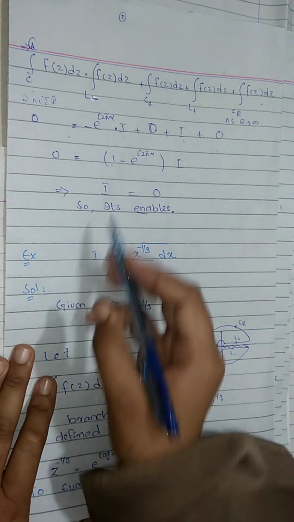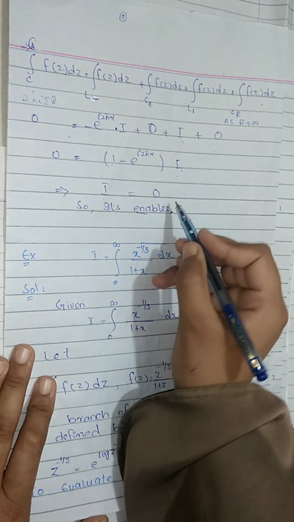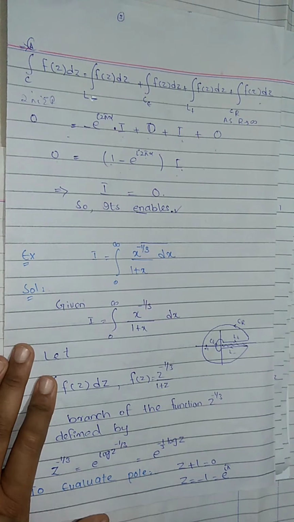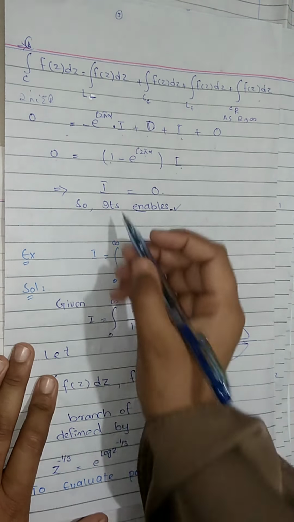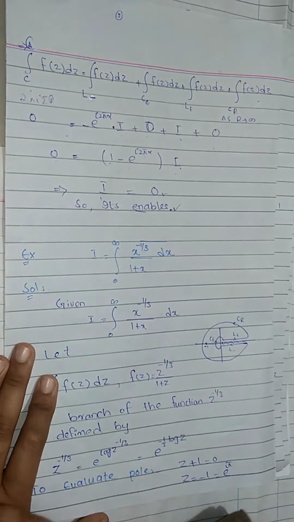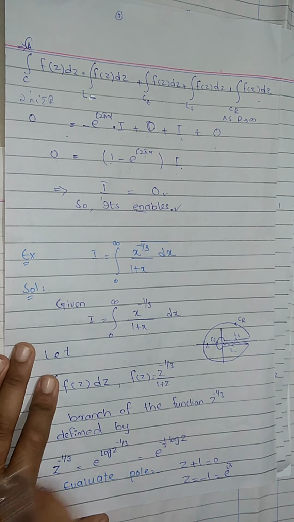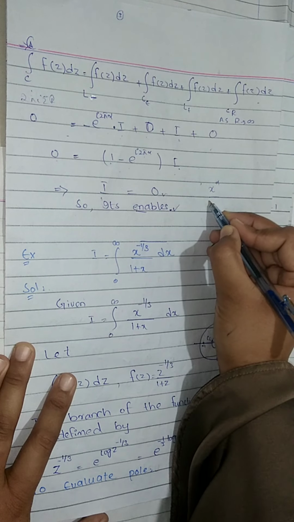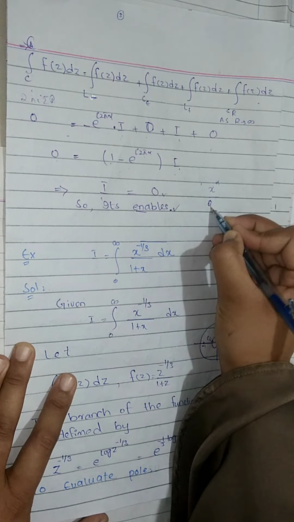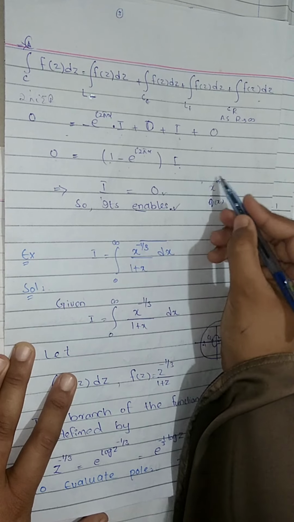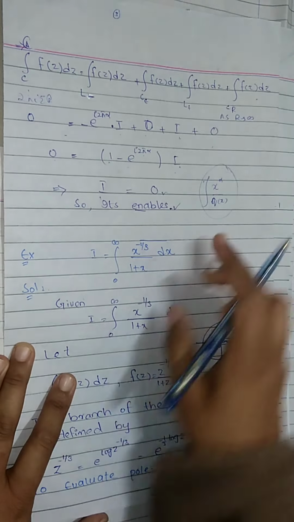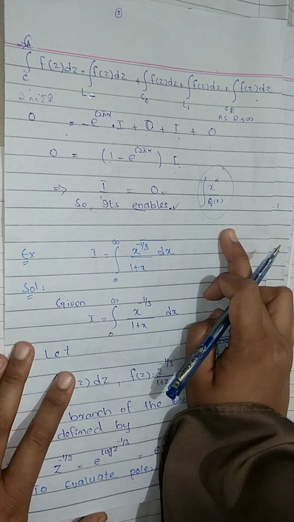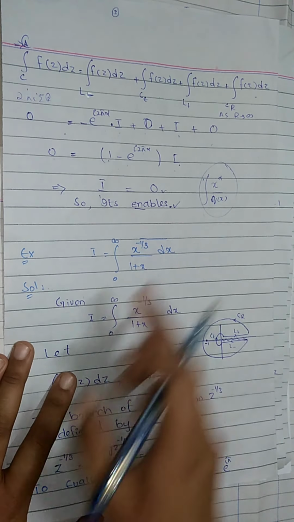Put all the values in equation A. This contour value is 2 pi i times the residue, and because we have a pole at the origin, it is 0. It is equal to this contour value, which is I minus e raised to i 2 pi alpha I. The C epsilon part approaches 0, the C R part also approaches 0. I is common, so we have I times 1 minus e raised to i 2 pi alpha.